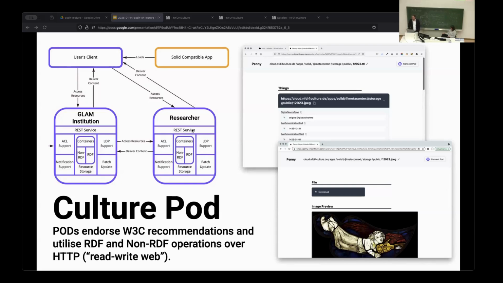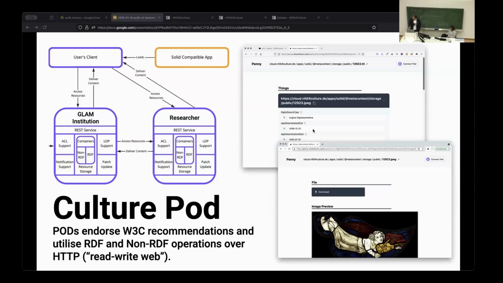And the interesting thing is you don't need a third entity in that system to give your data away with. The user clients can interact with the pods from the researcher and the GLAM institution. But since we're using a standardized protocol, pods can also communicate with each other directly. And this is where we make the next step into true data distribution and data federation.